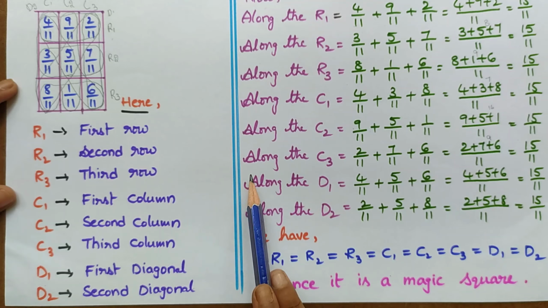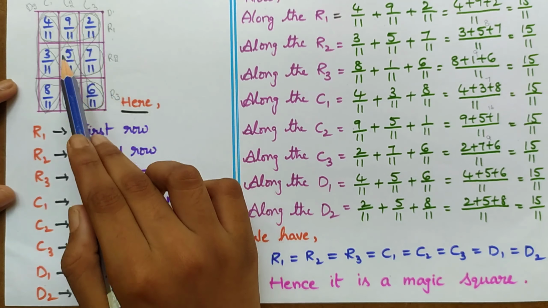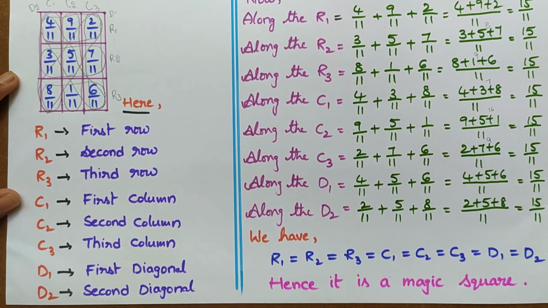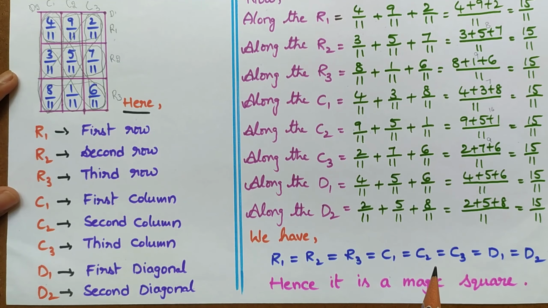So along the C3, that is the third column, the sum of its elements is 15 by 11.